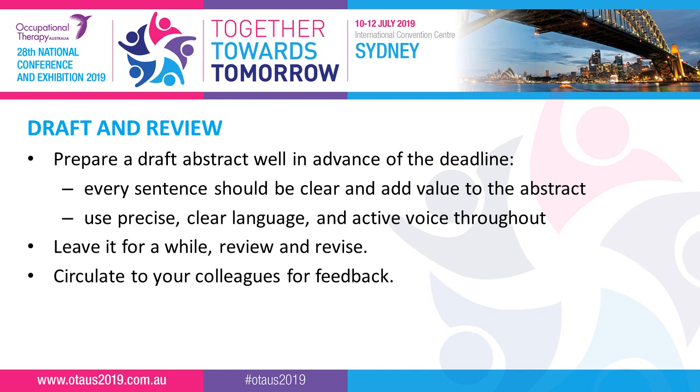If it's friends or relatives who might not have experience with these kinds of things, they can still be really helpful, because if it's a well-written abstract, they should be able to understand what you're saying, and they should have a clear sense of the project and what your outcomes were. If they're confused by things, then maybe that suggests you can simplify it and make it more accessible to a broader range of people.